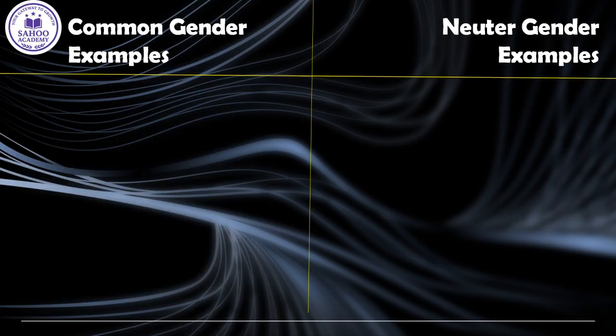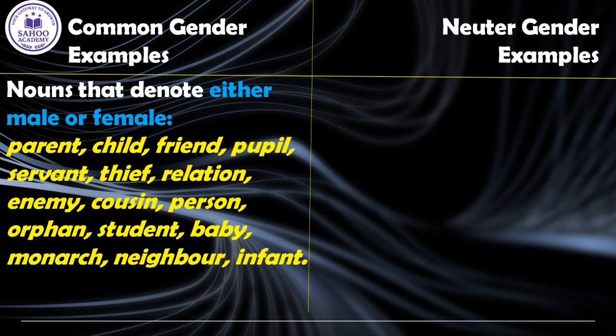Now let's look at clear examples to distinguish between common gender and neuter gender. Look at the screen. On one side we have common gender. Remember, nouns of common gender can refer to either a male or a female. These are often words for people in general roles or relationships.